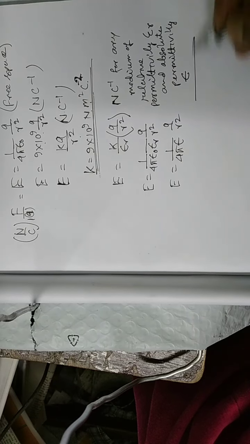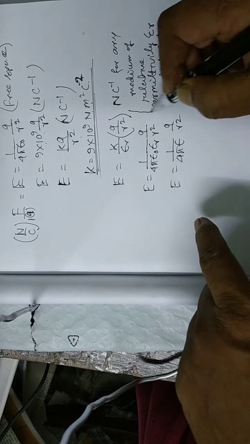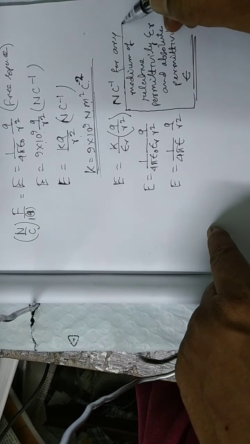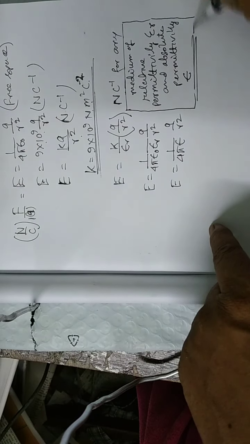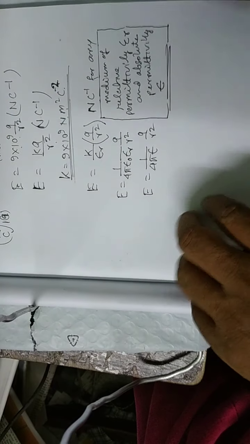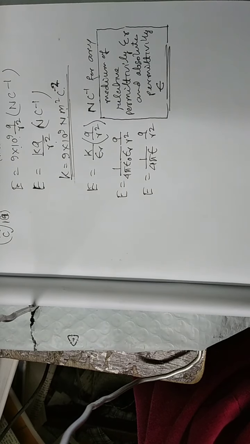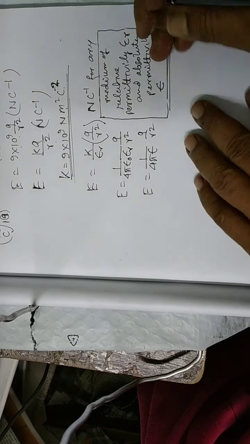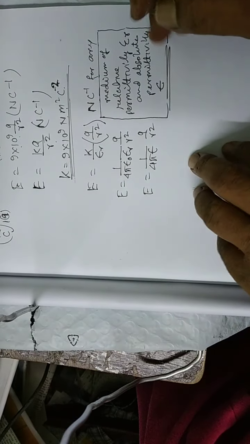This is very important because sometimes it is very much confusing thing, that is, what is epsilon r, what is epsilon naught. So everybody should understand the meaning of epsilon, epsilon naught, epsilon r.